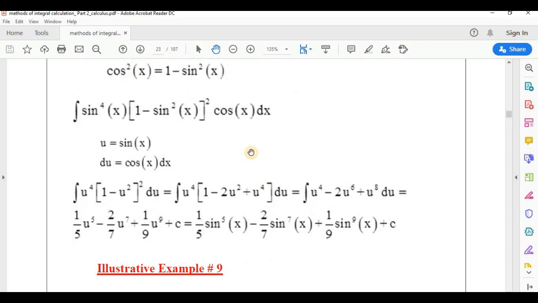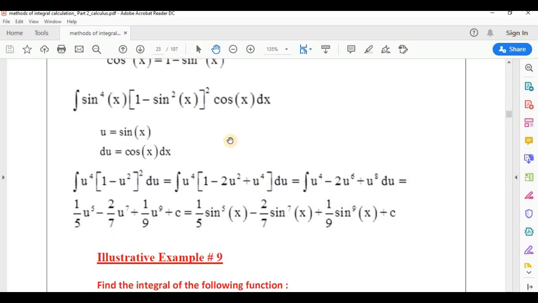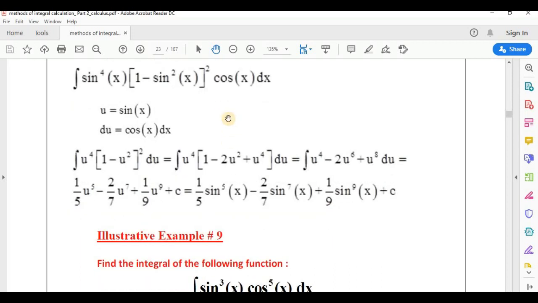The second step, we will use the substitution method and we will take this part for our assumption, u equals sine x. After taking the derivative for both sides, du equals cosine x dx, this part. We will put the integral in terms of u. After expanding the square for this part, after the simplification, we will get this result of this integral.